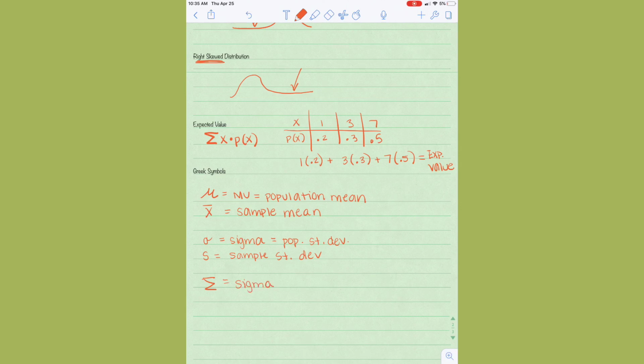So Greek letters are like English letters. They have uppercase and lowercase. So this is the uppercase sigma. And this is your summation notation. As you saw above with expected value, all it tells you to do is to add things up. Okay? So that is your, oh, not expected value, I'm sorry, I'm talking and trying to write at the same time. It is your summation notation. So all it does is tell you to add all your values up.